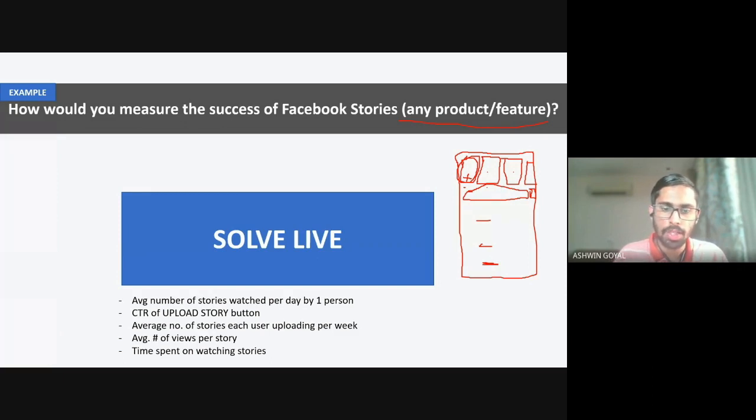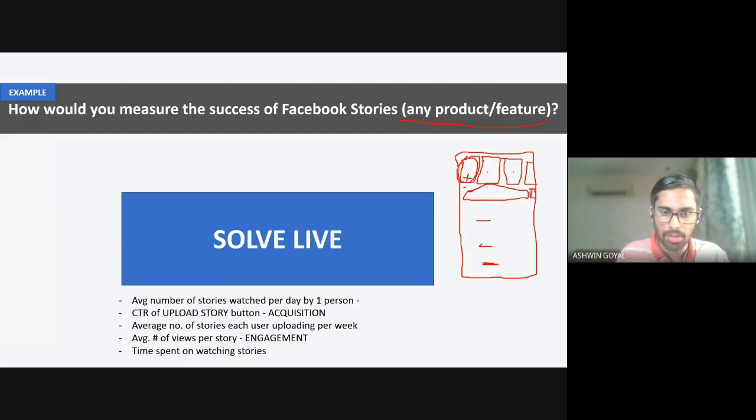This tells me that people are interacting with the story more, right? So let's categorize this in engagement. This is an engagement kind of thing. CTR of upload story button. This is acquisition of this feature, right? So I've started categorizing these into various metric categories.